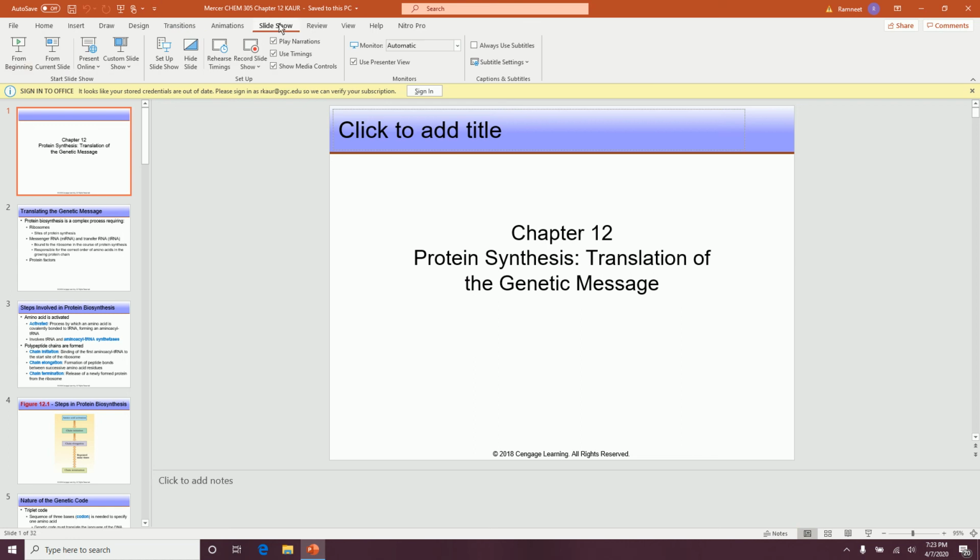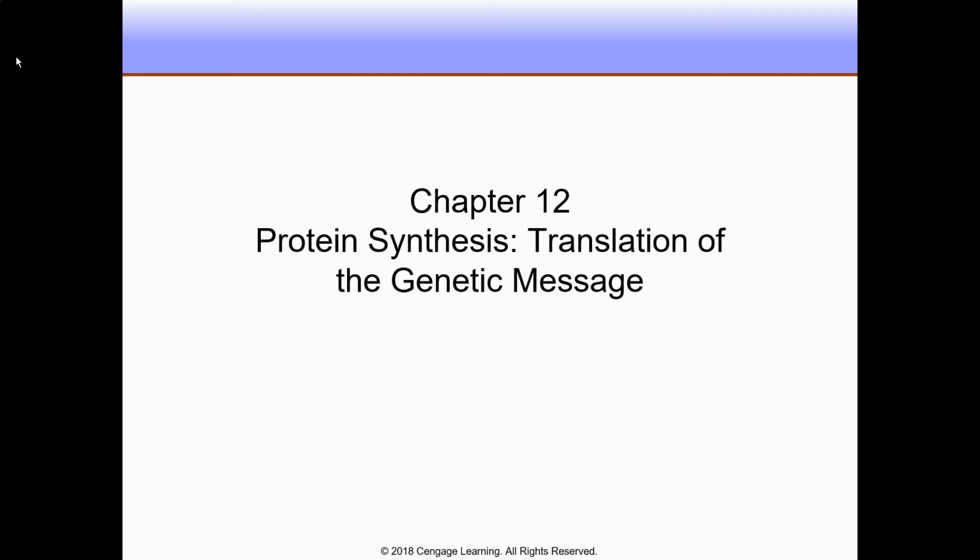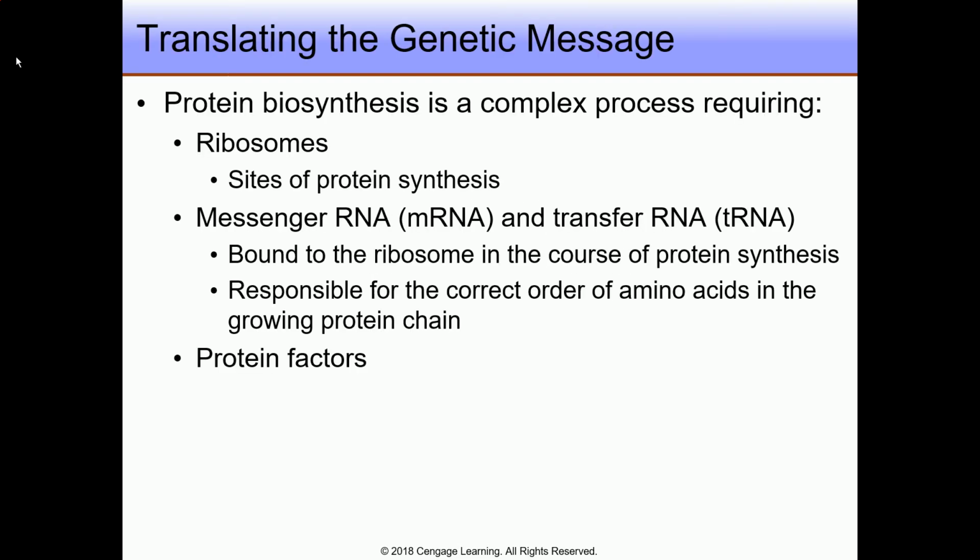So let me go into the slideshow mode. Okay, so we have already discussed how mRNA is formed, and now this mRNA will be going from the nucleus to the cytoplasm, and there it is going to look for the ribosomes.